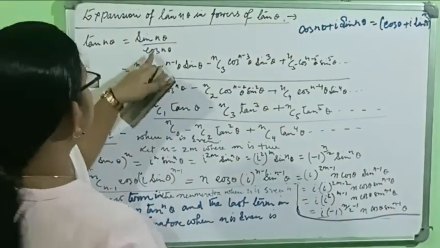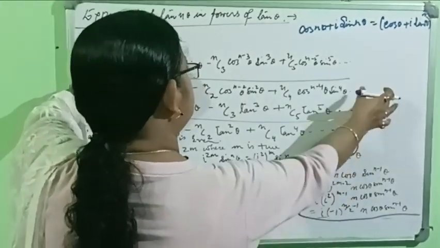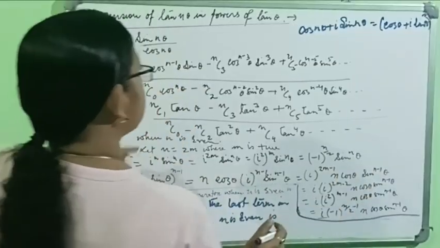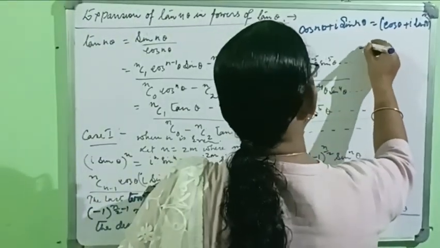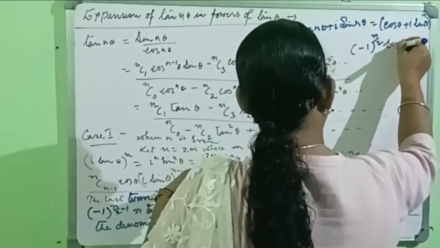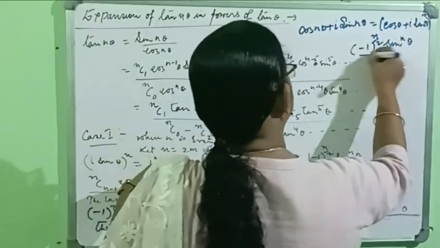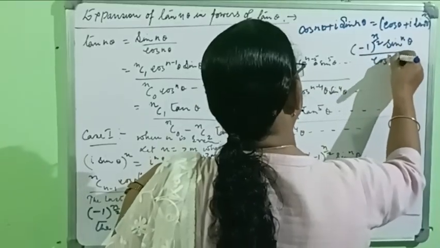Last term here it is cos n theta. That means the last term here will be minus 1 to the power n by 2, then sine n theta. Here for the last term we have divided the numerator and denominator by cos n theta.